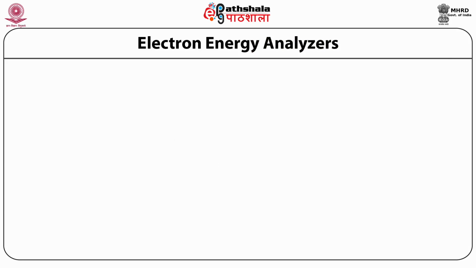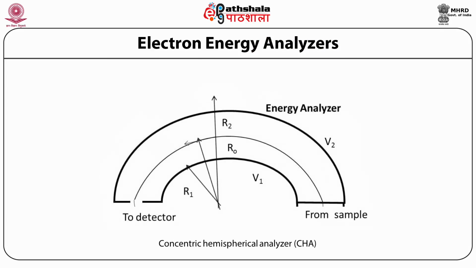Electron energy analyzer. An XPS spectrum is obtained by an electron energy analyzer. The most commonly used analyzer is the concentric hemispherical analyzer, termed CHA, also called hemispherical sector analyzer, HSA.